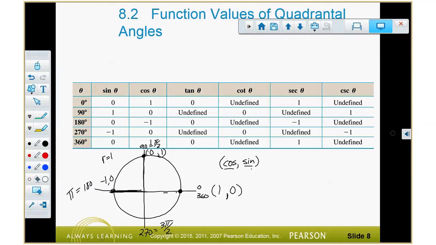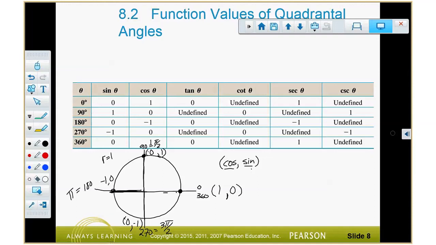Look here, 180. 0 in the y direction, sine, and then -1 in the cosine direction. 270. -1 in the y direction, 0 in the x direction. I didn't write that accurately, sorry. Cosine is 0 and sine is -1.